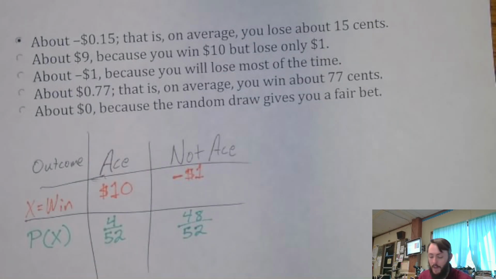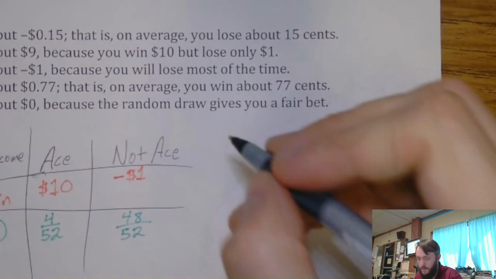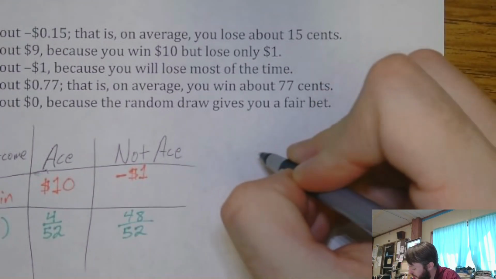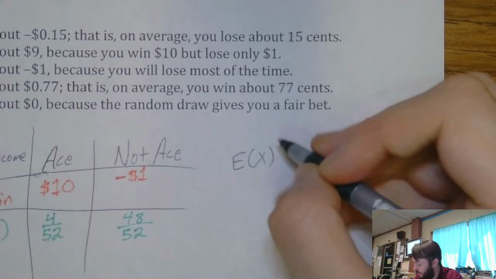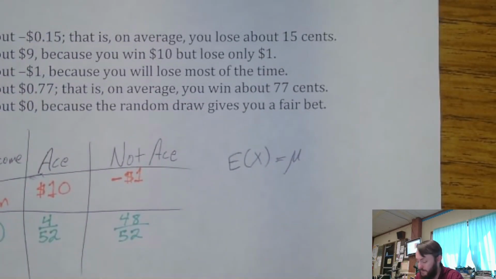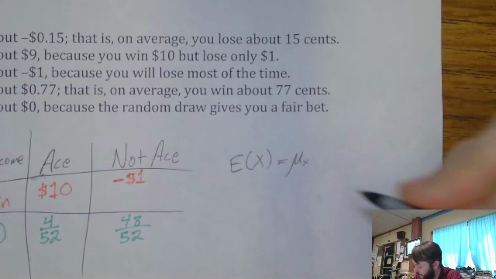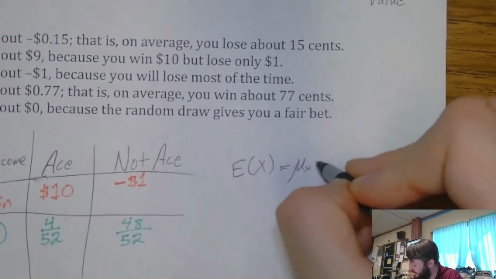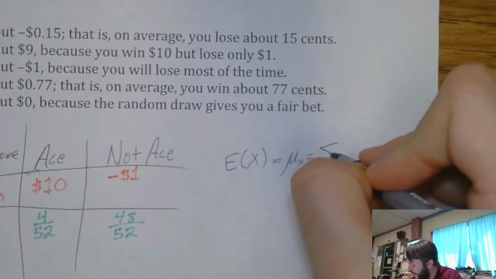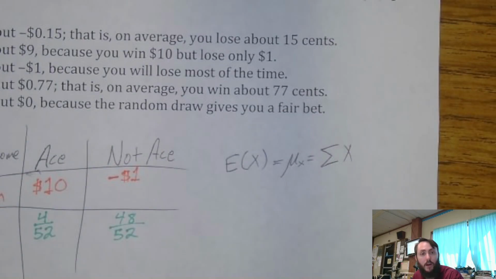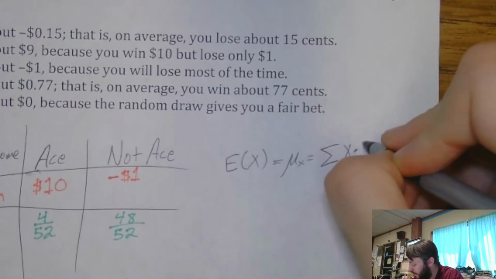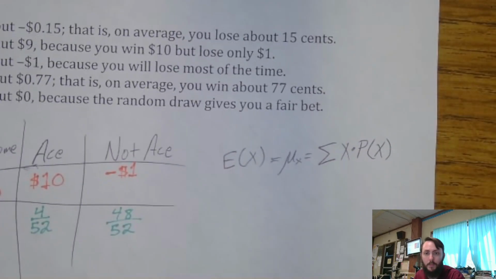Now to find the expected value, or the mean, so the expected value of x, which is just the mean of x, we sum up every value of x, our random variable, multiplied by its probability. No division necessary. It's just straight multiplication.